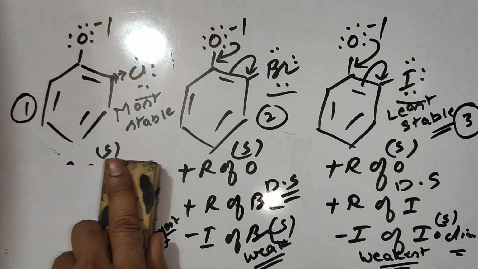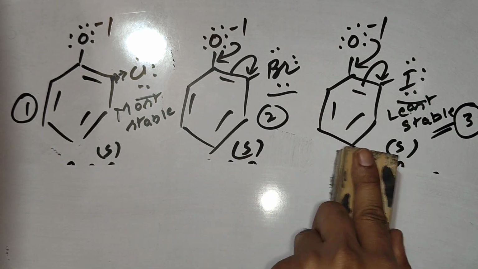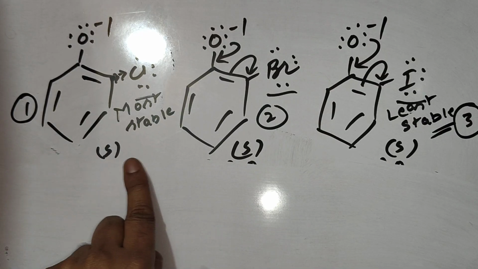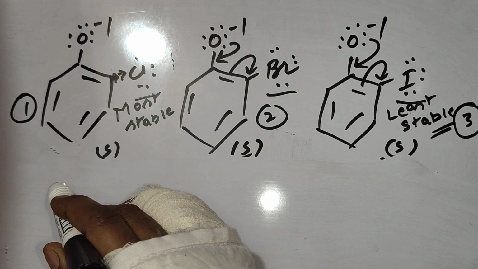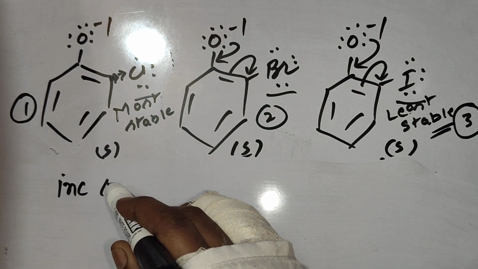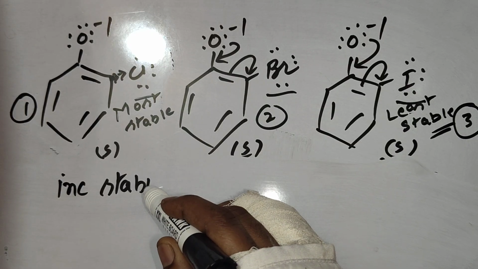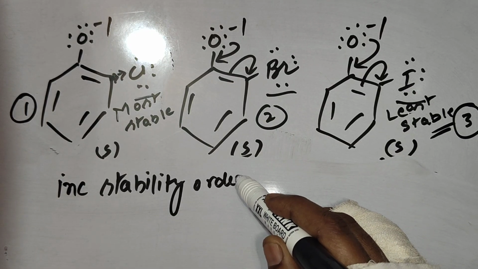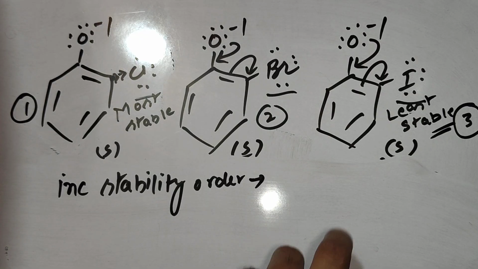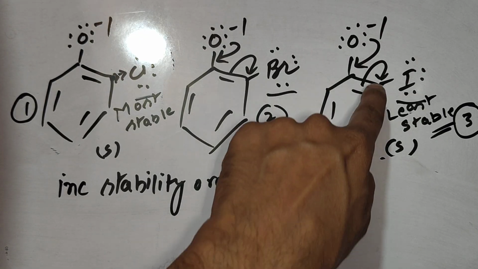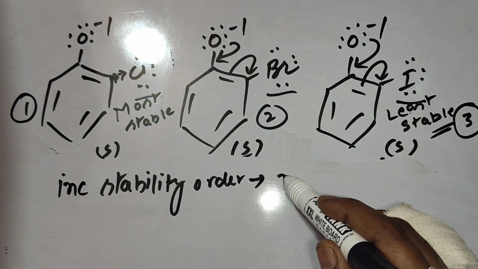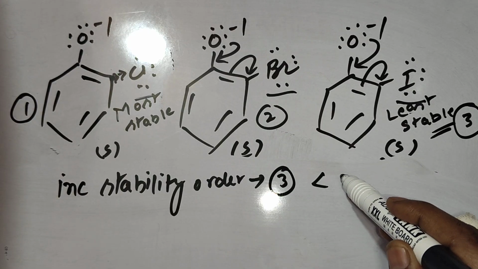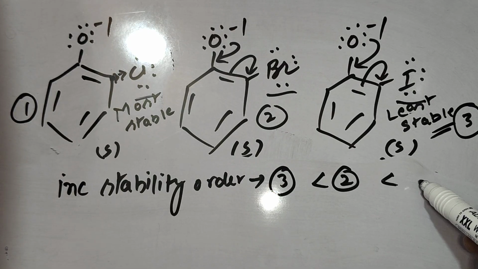So what will be the stability order? Increasing stability order will be, which is the least one? Third, means iodo case, third. Then second, and most stable anion will be the first one.